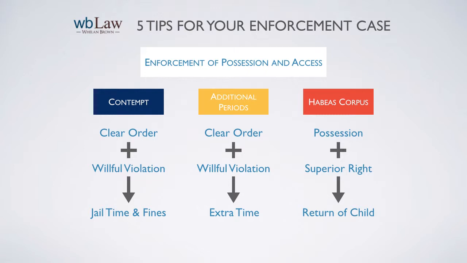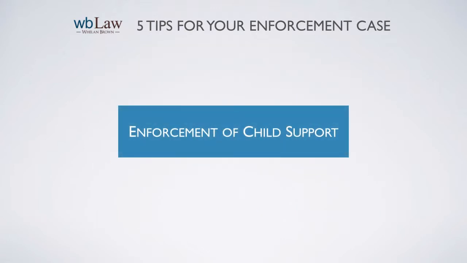This can be done by bringing the child to the court or by the sheriff's department going and picking the child up. It's not great for the child to go through that, but sometimes you're not left with much choice. So these are the 3 most common filings to enforce possession and access. They're all very serious. Next, let's talk about enforcement of child support.